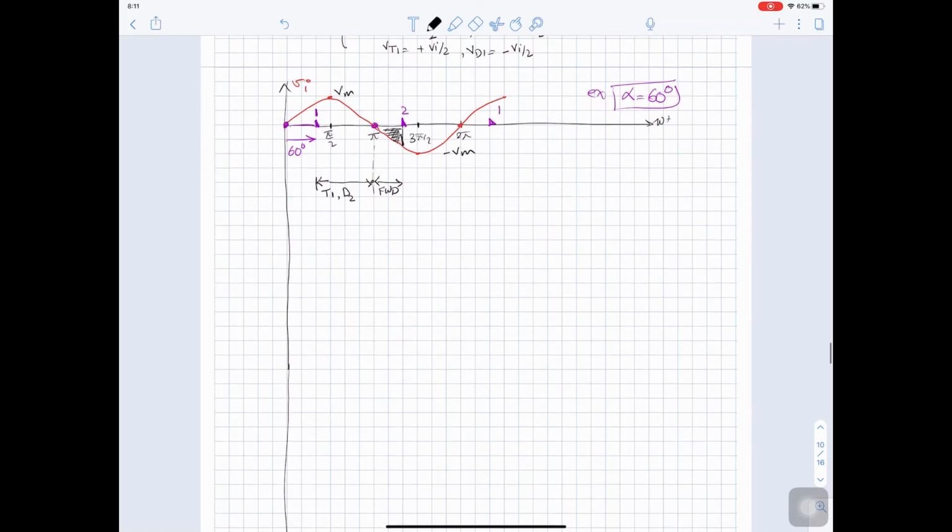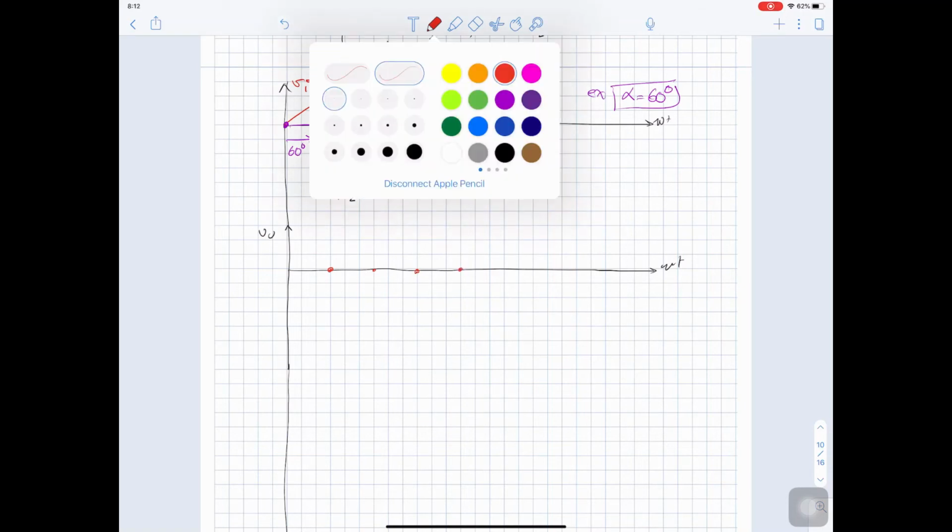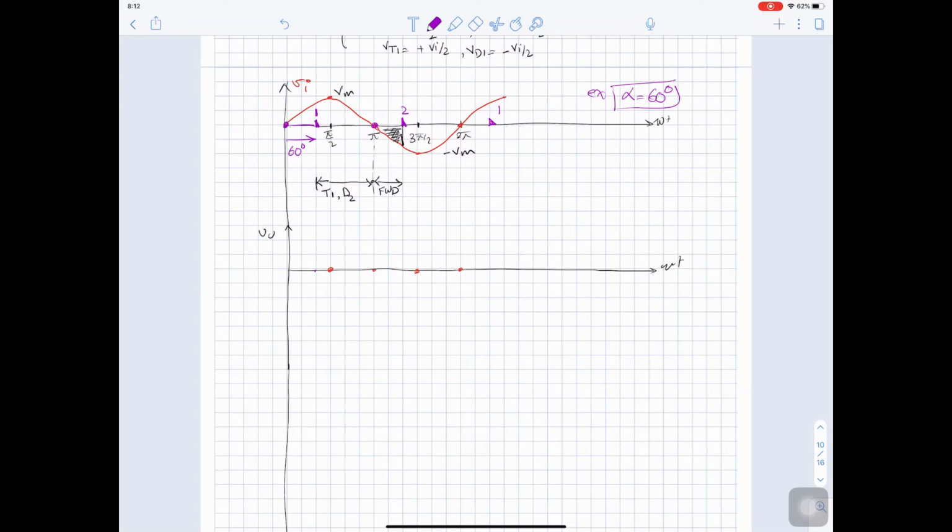So let's sketch our V out. Just I'm indicating the main points. And here is the firing angle alpha. And here is the other firing alpha. Here is the other firing alpha. So starting from here, V out equal to Vn.